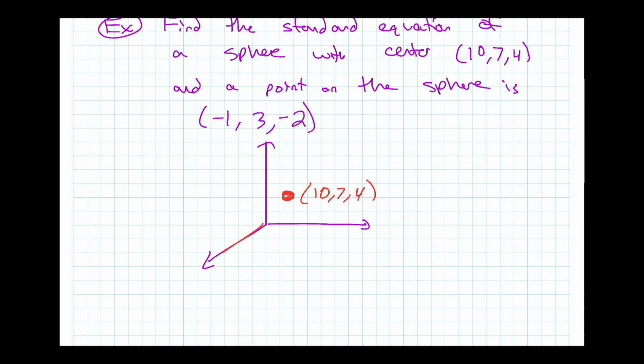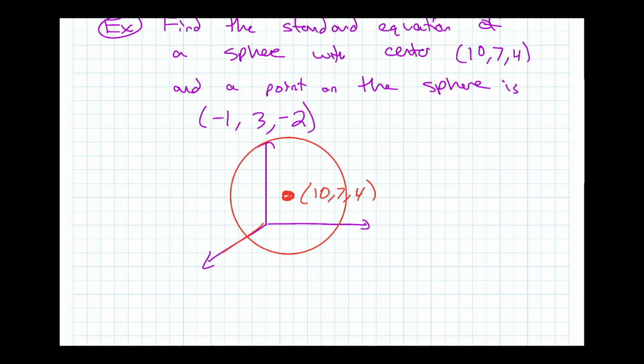Okay. And then what you've got is a sphere. So you draw a sphere around it, if you care to. Like that. There's your circle basically around it. But then they tell you that this point, -1, 3, -2 is on the sphere.